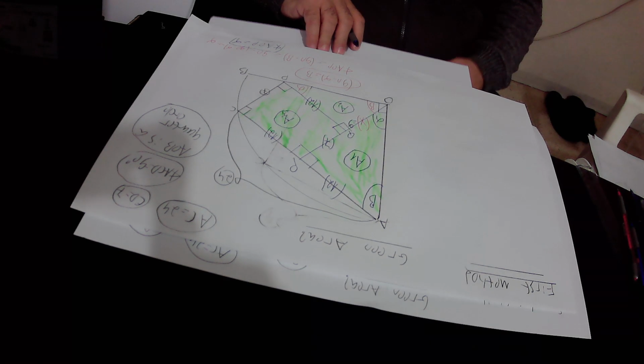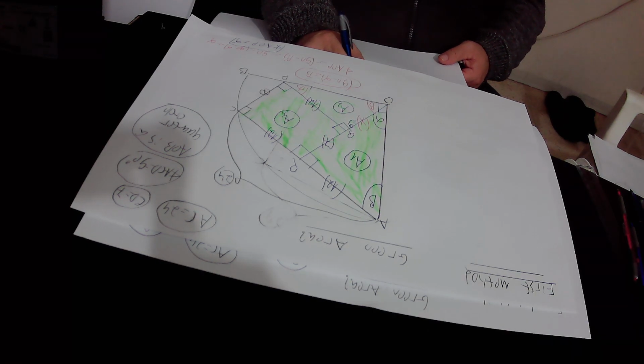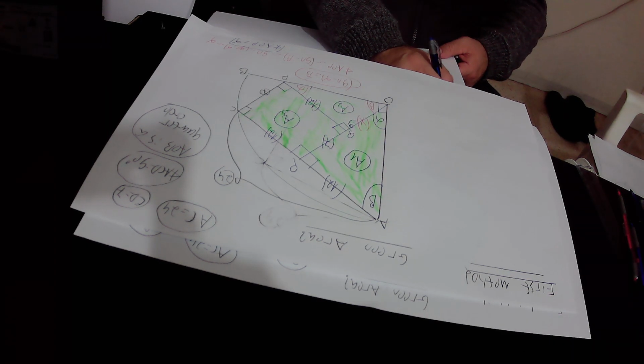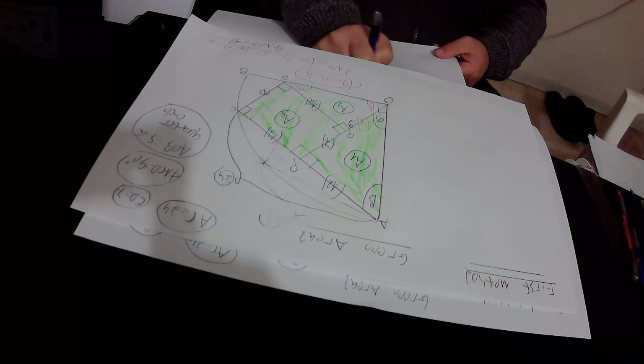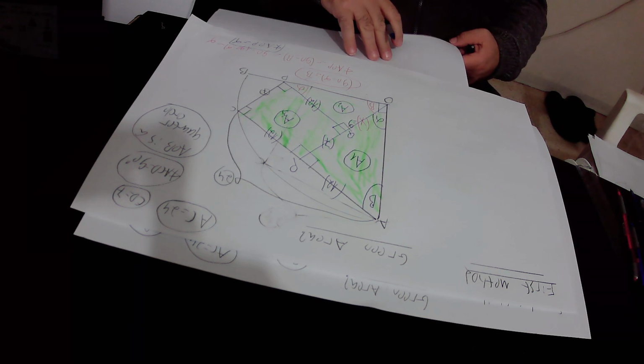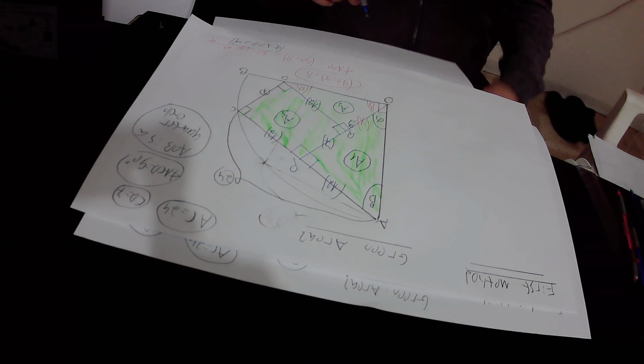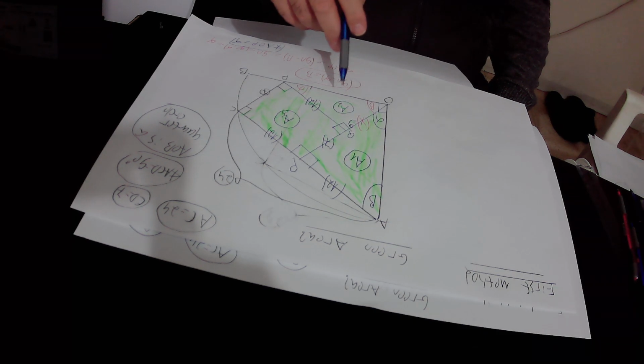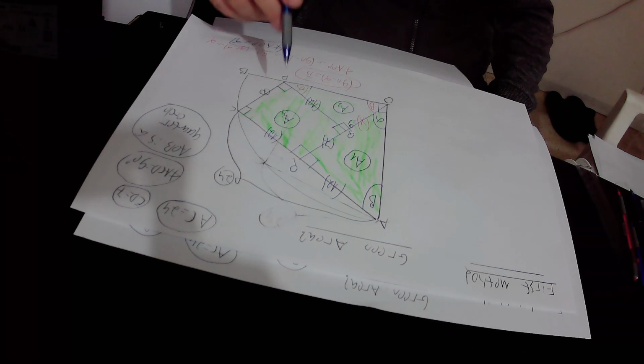Okay, so I write it down. The area of the green shape in total is equal to A1 plus A2 plus A3. This is actually the area of the 2 right triangles plus the area of rectangle QPCD.